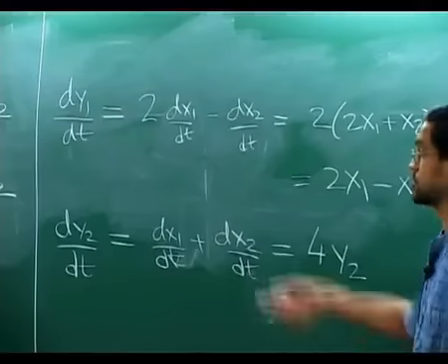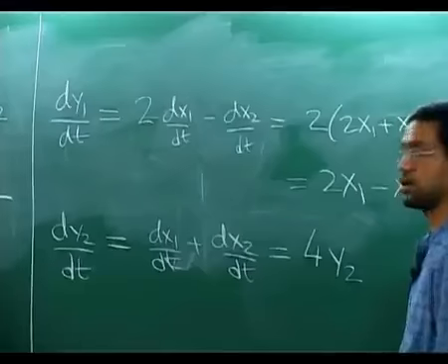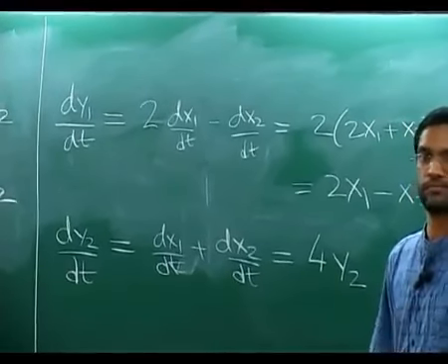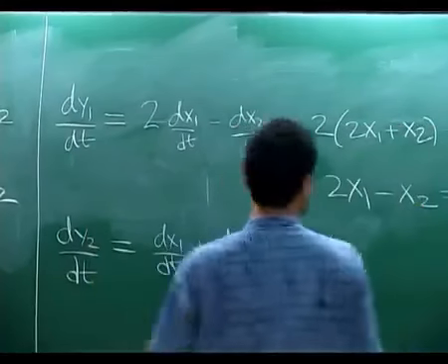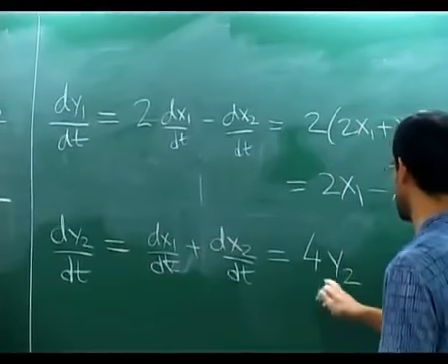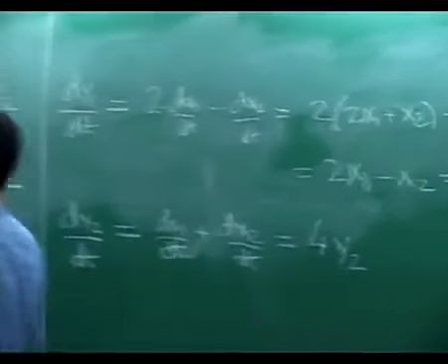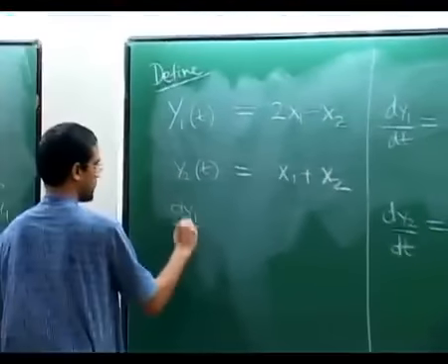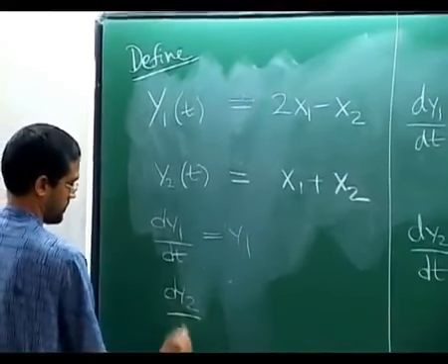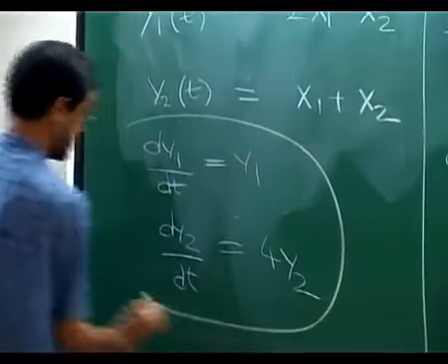In what sense are these new variables y1, y2 better than x1, x2? The system is uncoupled. You see dy1/dt has just become y1 and dy2/dt has become 4y2. So I now have a new system of equations: dy1/dt is y1, dy2/dt is 4y2.